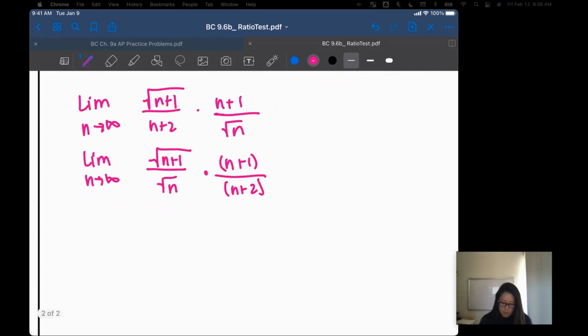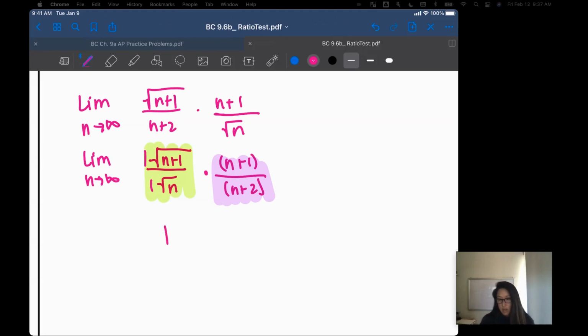And I can see individually that these fractions are of equal power. So the root n has a leading term of n to the 1/2 power. So I'm going to divide the coefficients, which is 1 and 1. So the limit of the first fraction is 1.